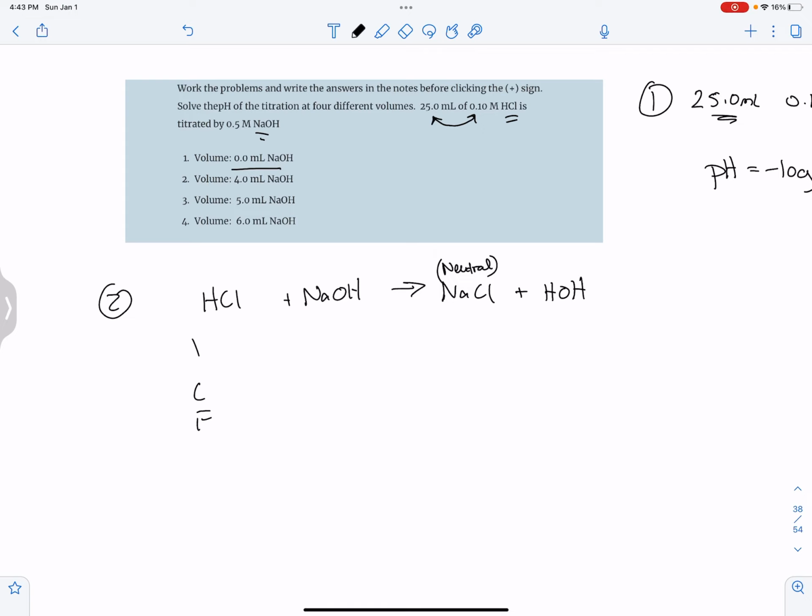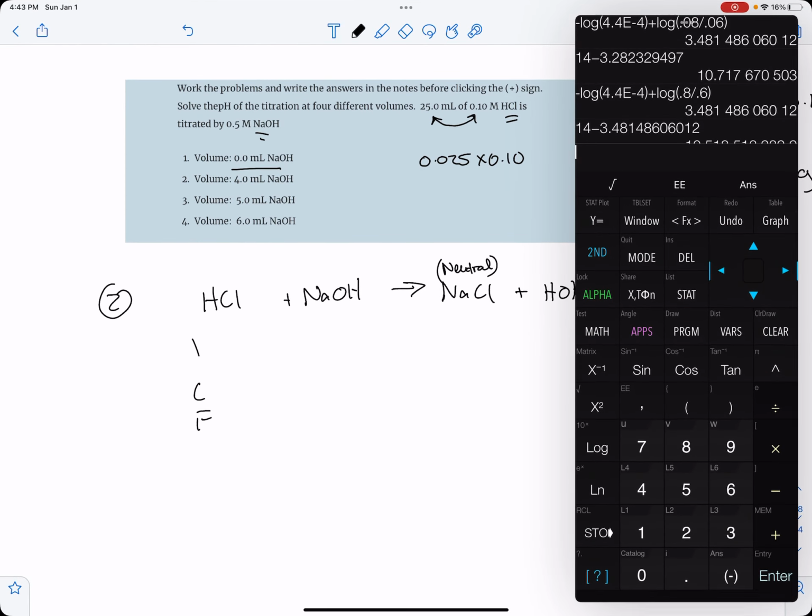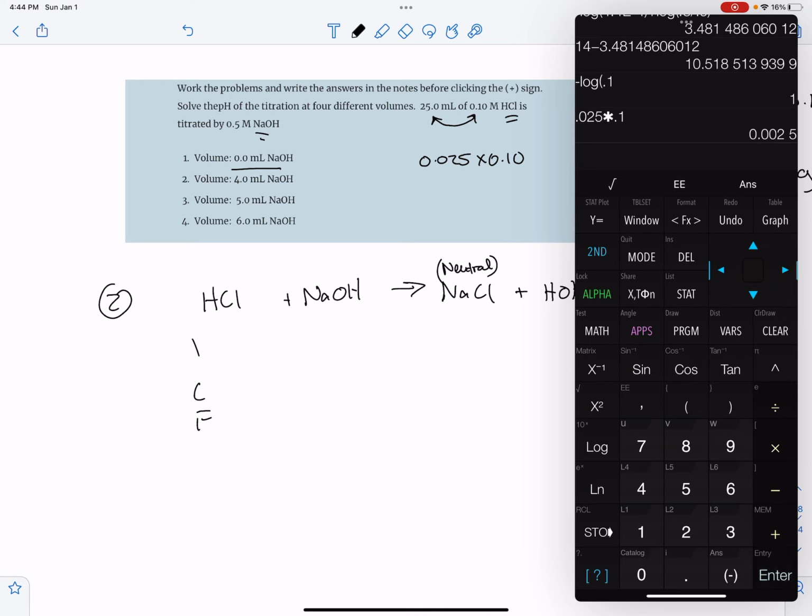So that's going to make my HCl moles 0.025 times 0.10. If you're not sure, it's totally fine, you can use the calculator if you want. 0.025 times 0.1 gives me 0.0025 on the HCl.